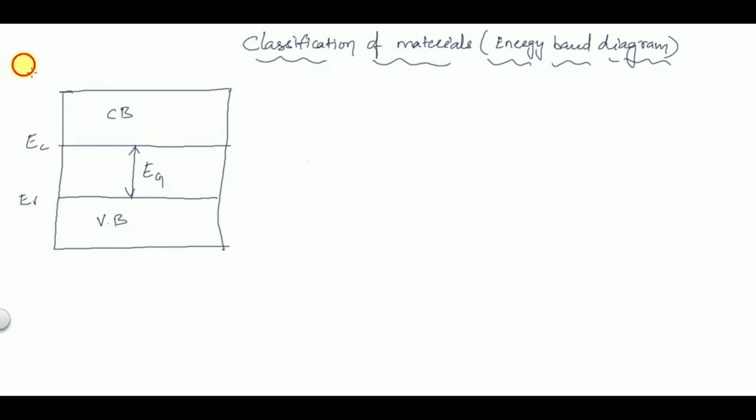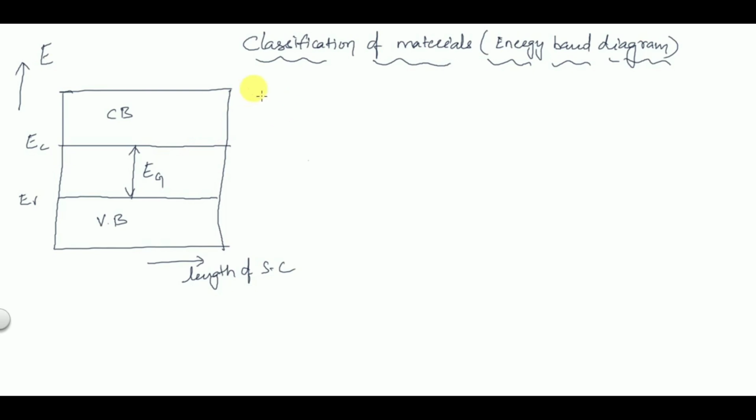Along the y-axis we have energy levels, along the x-axis we have the length of the semiconductor. Along the length of the semiconductor, how the electrons are distributed or concentrated is given by the diagram which is called the energy band diagram.